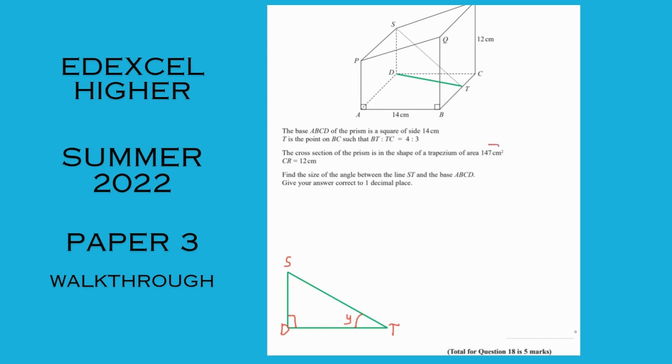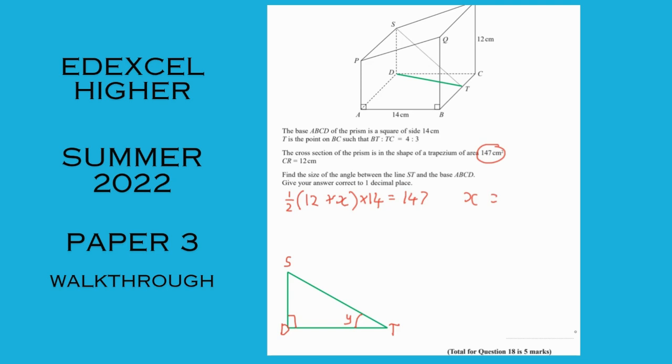So let's pick on one fact we're given. 147 is the area of the trapezium at the front. Well, the formula for the area of a trapezium is a half of the parallel sides, that's Q to B, which is 12, and P to A, which we don't know, multiplied by the distance between them, and it's equal to 147.